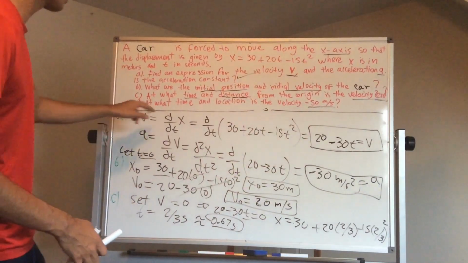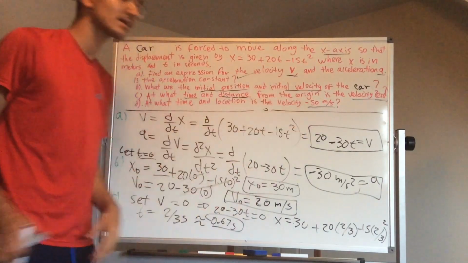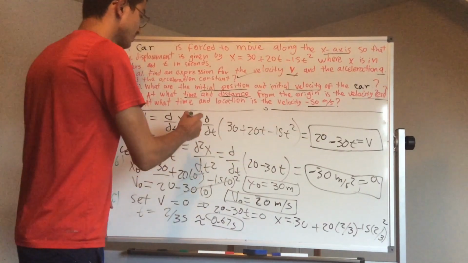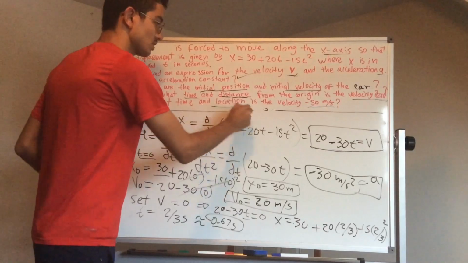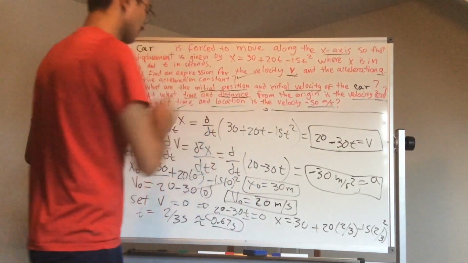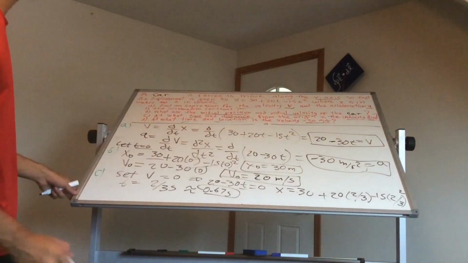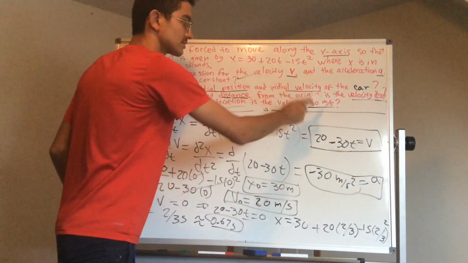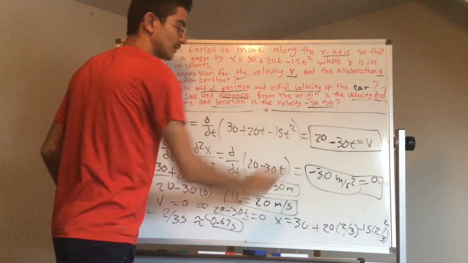Part D asks, at what time and location is the velocity negative 50 meters per second? So we're being asked for position and for time. Since we know the velocity, we can set that equal to our velocity function.